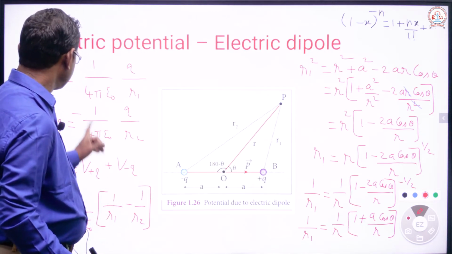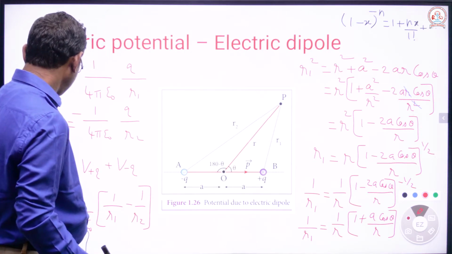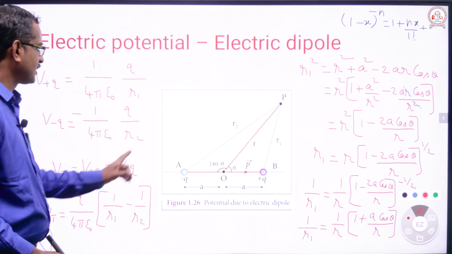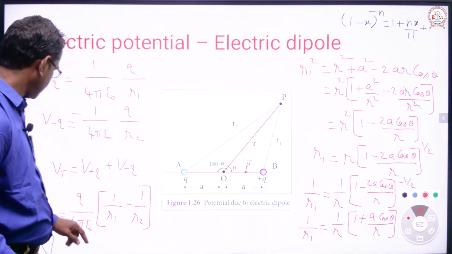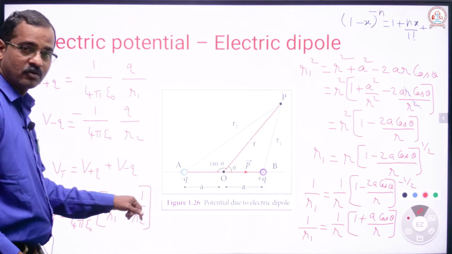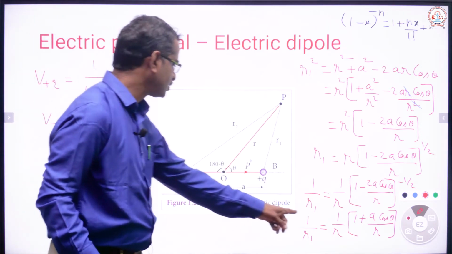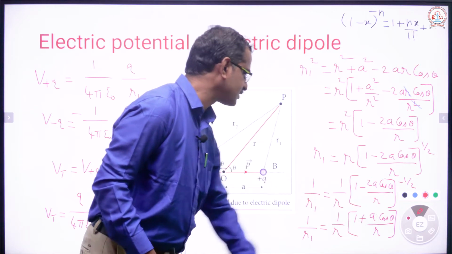What is the equation we have? We have to keep in mind that Vt, the total potential at this point, is q by 4 pi epsilon naught into 1 by r1 minus 1 by r2. In that, 1 by r1 is equal to 1 by r into 1 plus a cos theta by r.